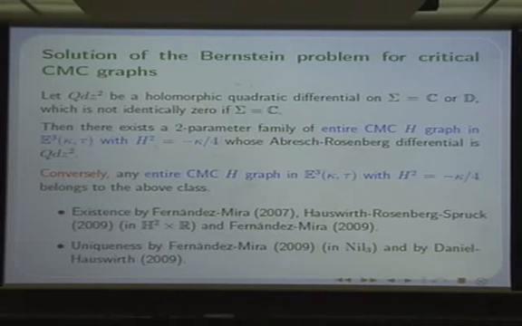Then Laurent Hauswirth, Harold Rosenberg, and Joel Spruck did it in H2 cross R using a different technique that maybe Benoit is going to talk about in his last 2 lectures, but I'm not going to talk about it here. And a bit later, we realized that you can prove that all of the examples that we didn't know were entire graphs are actually entire graphs by a very simple argument that I'm going to explain next.